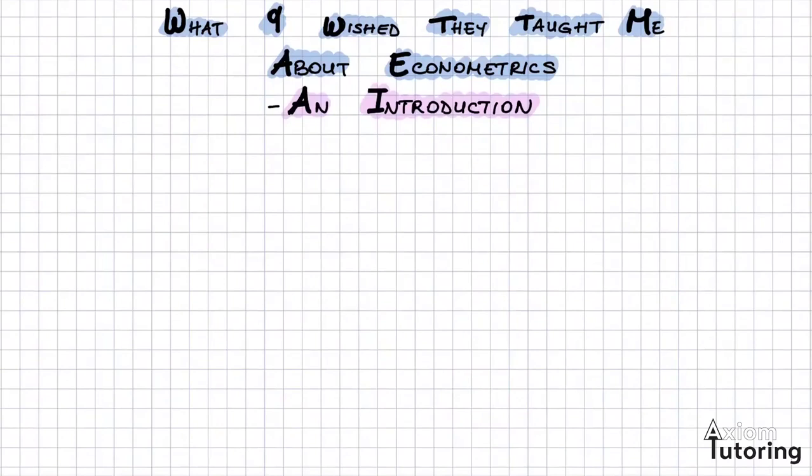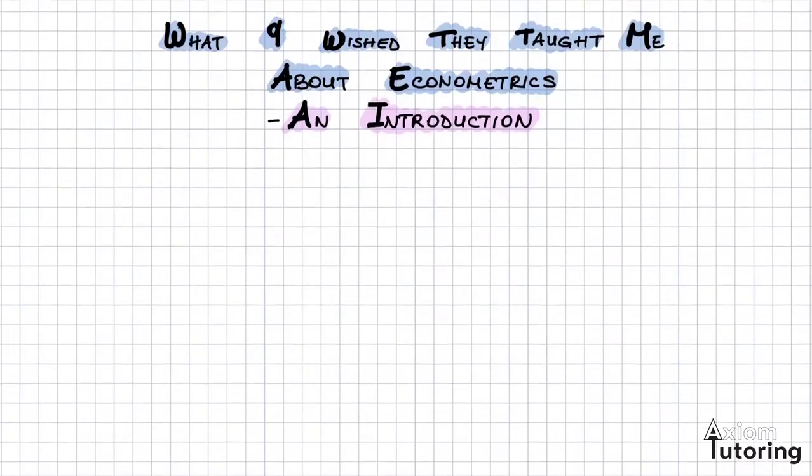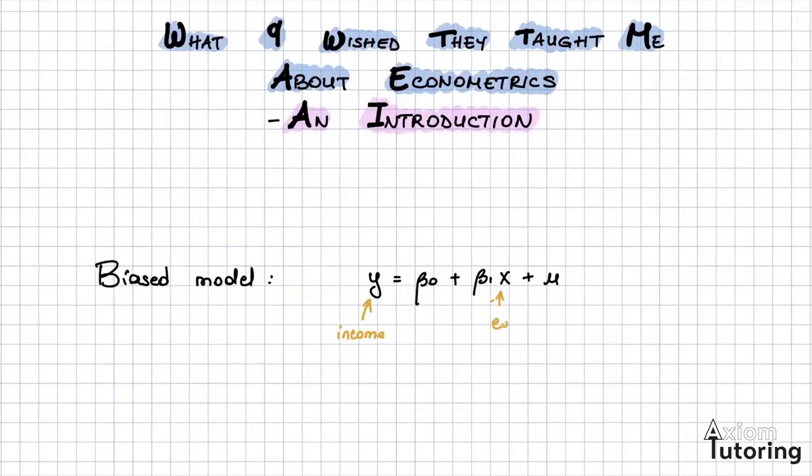We're going to start from what we have seen most of the times, a misspecified model. In the misspecified model, or the biased model, we would start by saying, okay, we want to find what is the effect on Y of a variable X. Here, we can assume Y to be income and X to be education.